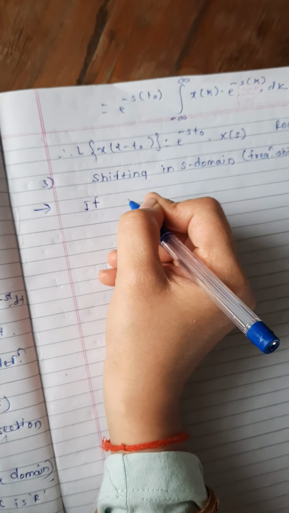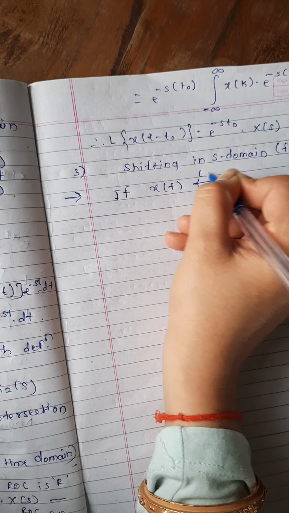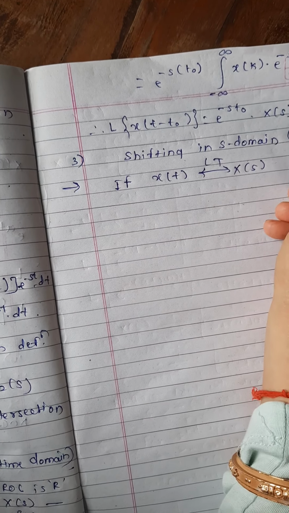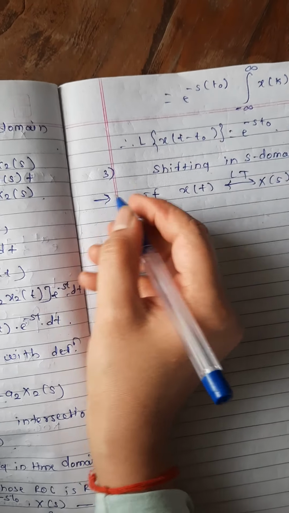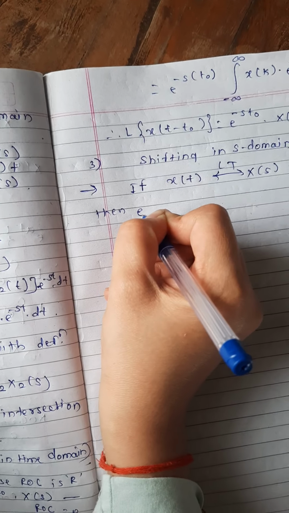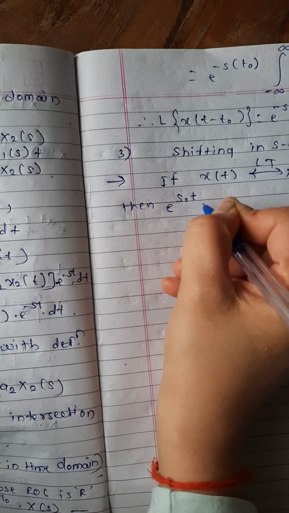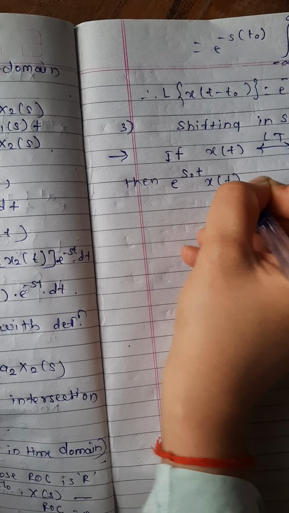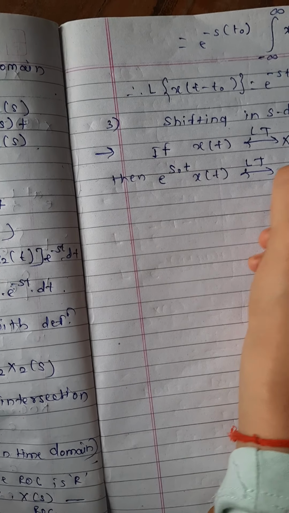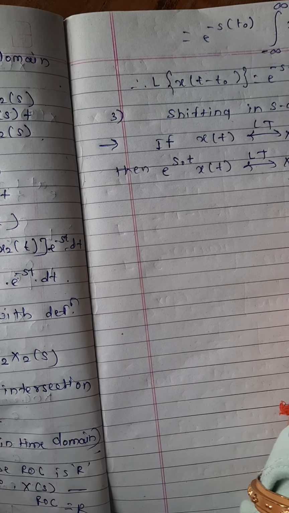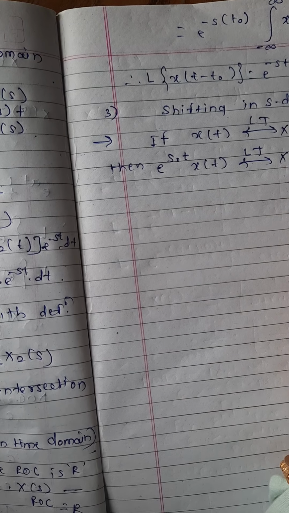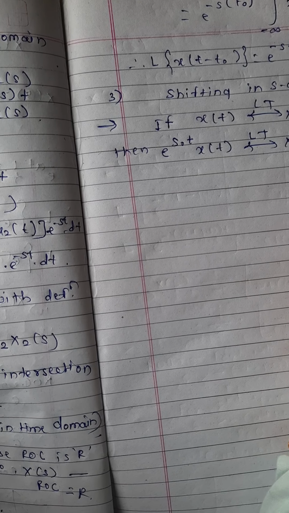If x of t, its Laplace transform is X of s and ROC is R, then e raised to s0 t into x of t, its Laplace transform is X of s minus s0, and ROC is R plus Re of s0.